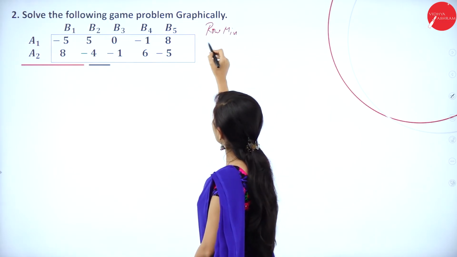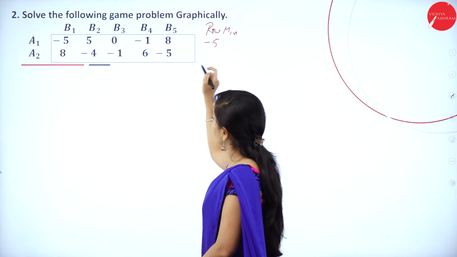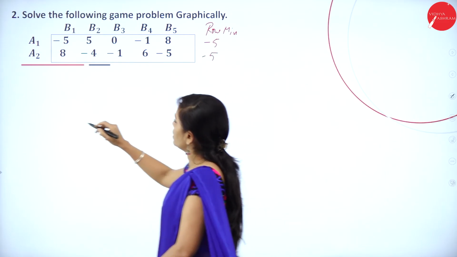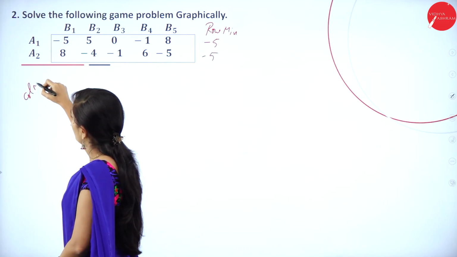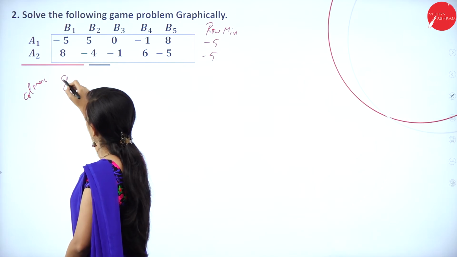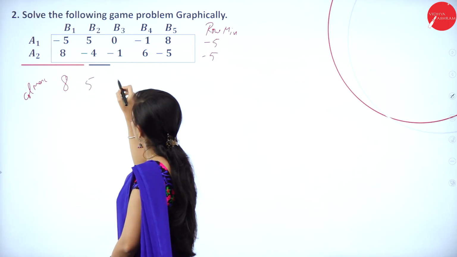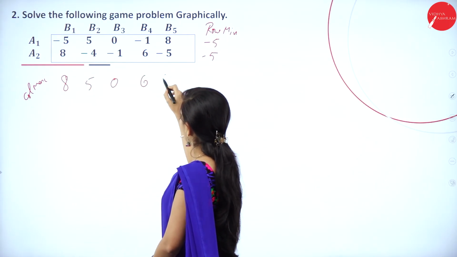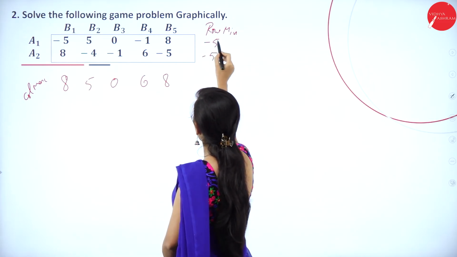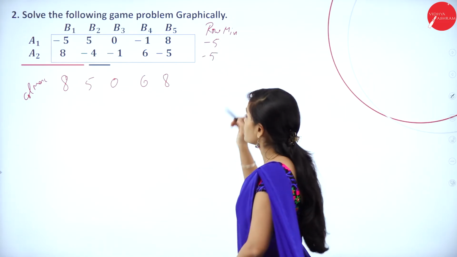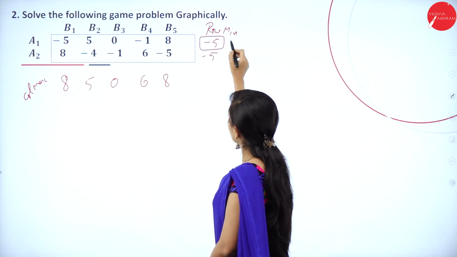In the first row, the least value is minus 5. In the second row, the least value is minus 5. And the column maximum values are 8, 5, 0, 6 and 8. So here we have minus 5 and minus 5. So maximum value, you can choose any one.